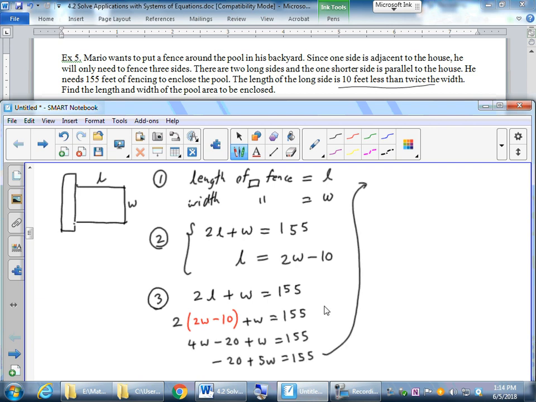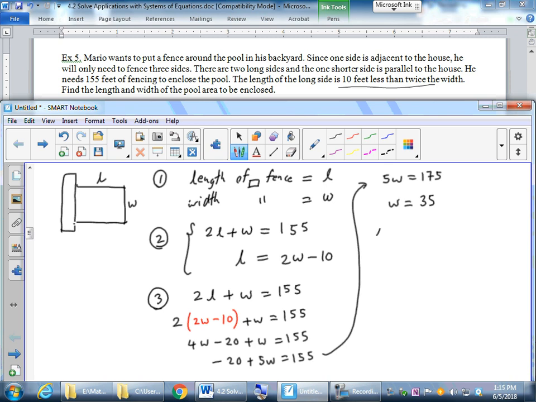Adding 20 on both sides, 5W is equal to 175. Dividing both sides by 5, that will become 35, right? So 35 times 5, that is 175. Correct. Finally, I want to find out what my length is.